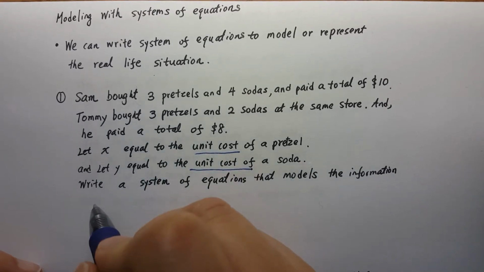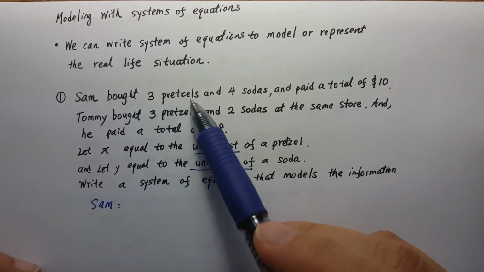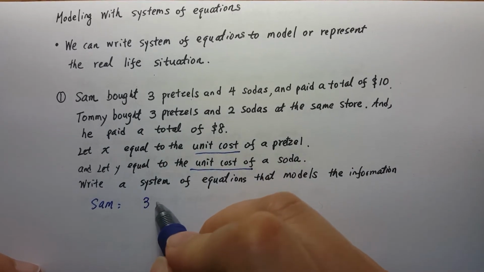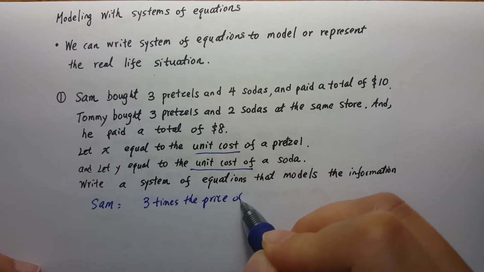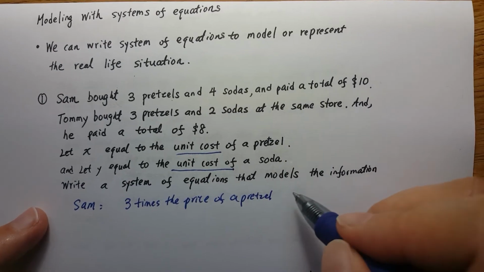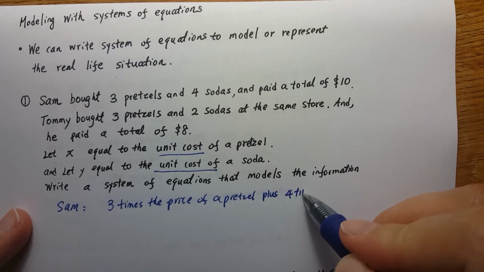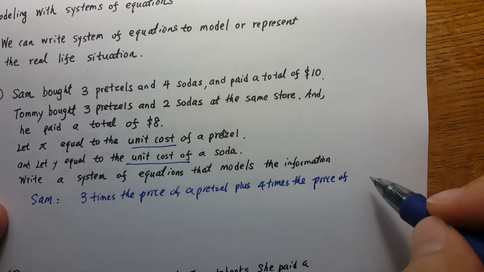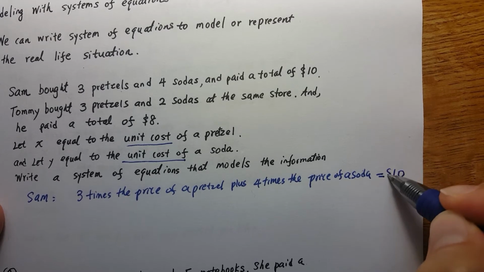So now for Sam, he bought 3 pretzels. So to find how much he paid for the pretzels, it will be 3 times the price of a pretzel, and then plus 4 times the price of a soda, and then equal to $10.